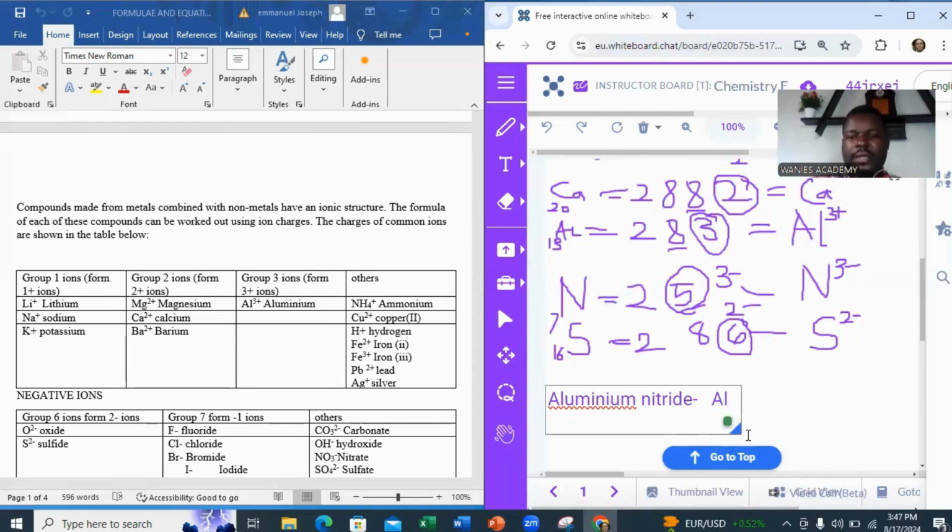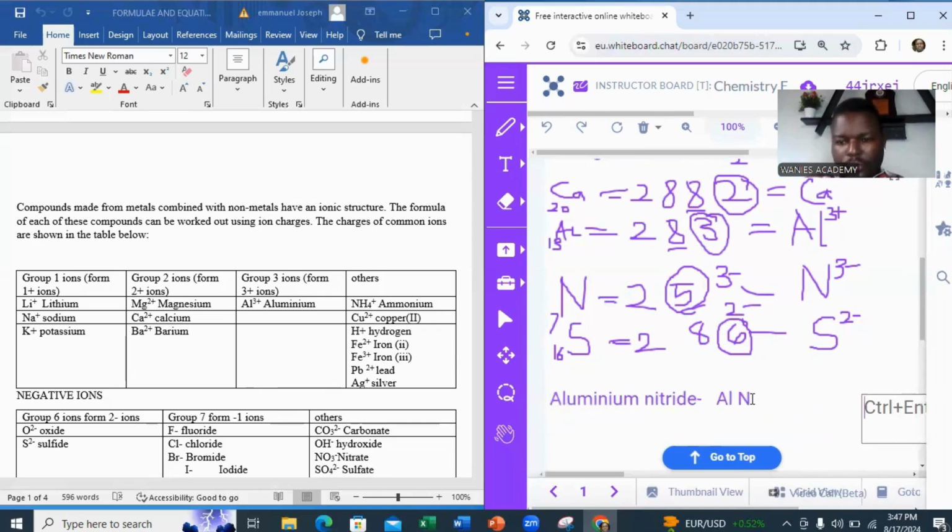Aluminum, the symbol is Al, and then nitride suggests we have nitrogen. Nitrogen is in group 5, so the charge will be 3 minus, as earlier established. Aluminium is in group 3 on your periodic table, which means the charge is 3 plus.